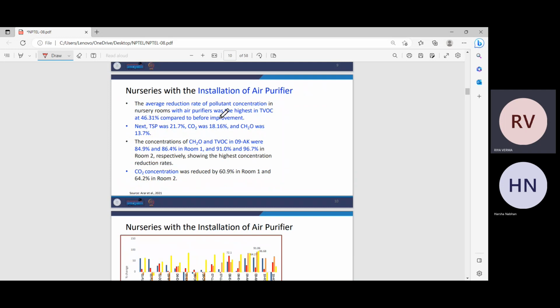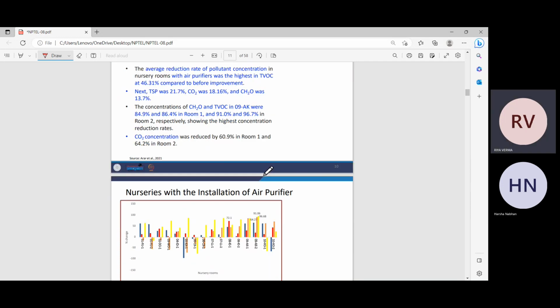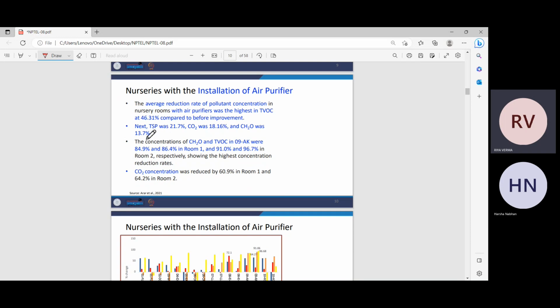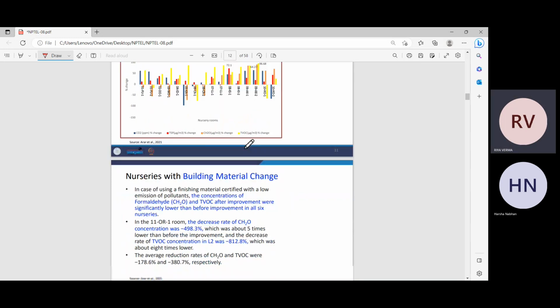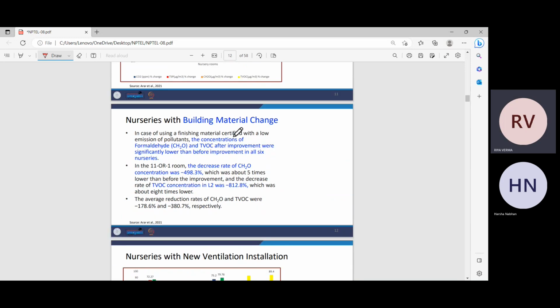For the air purifier, the maximum reduction was in the amount of VOCs. The air purifier reduces 46.31% of the VOCs. Then it was followed by the suspended particulates, then CO2 and then formaldehyde. Sorry for my confusion.